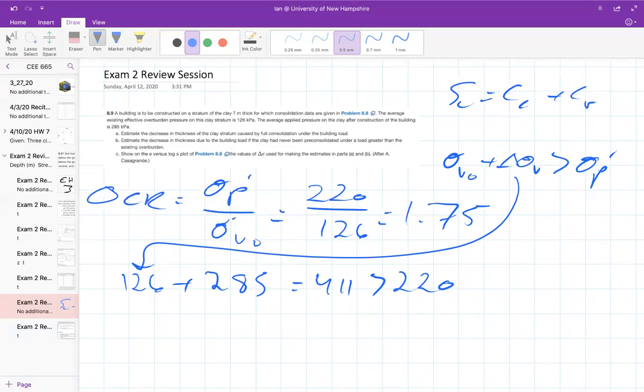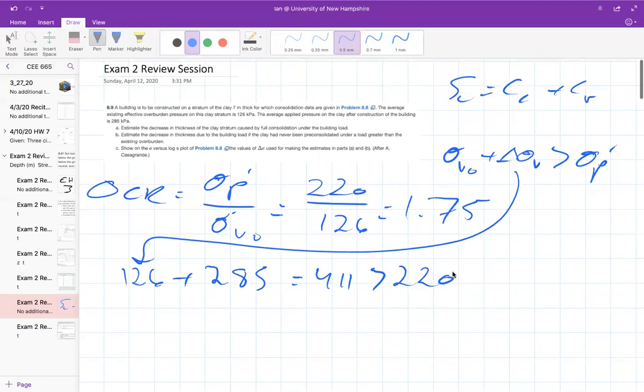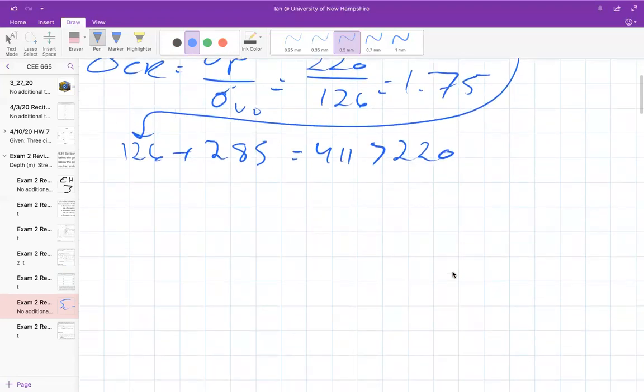So now that we have this, I'm going to go to equation 8.19b, where S_C equals C sub C epsilon, I think. And if I'm writing this wrong, please let me know.